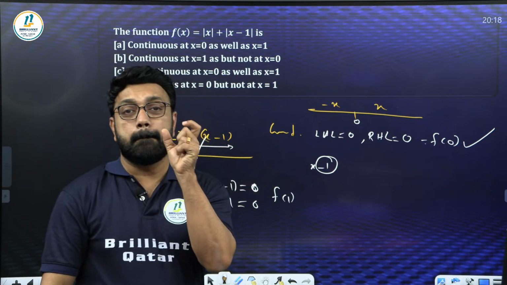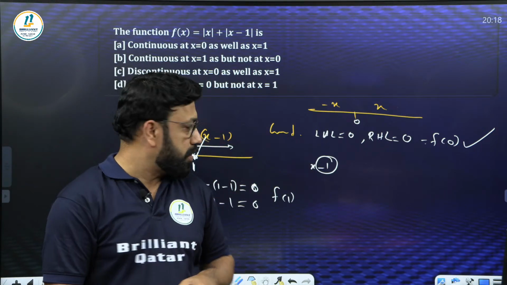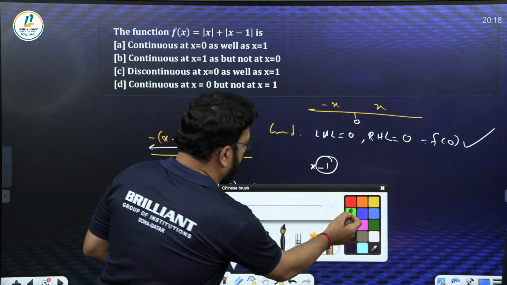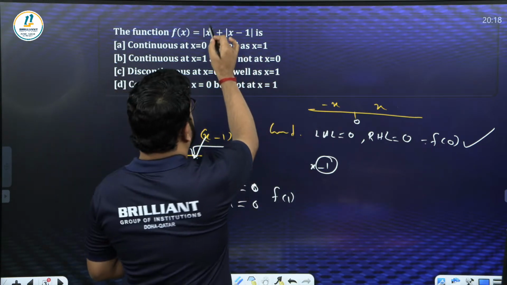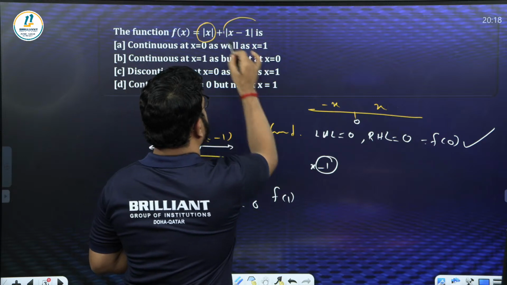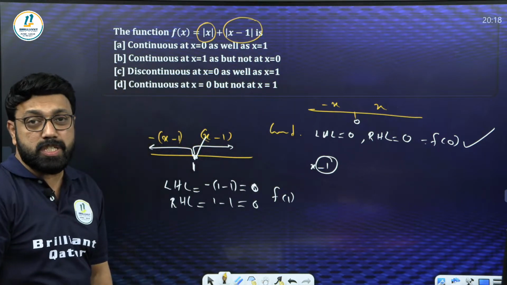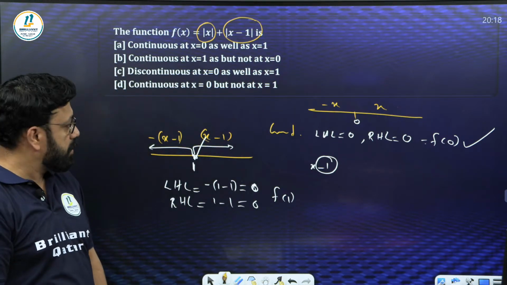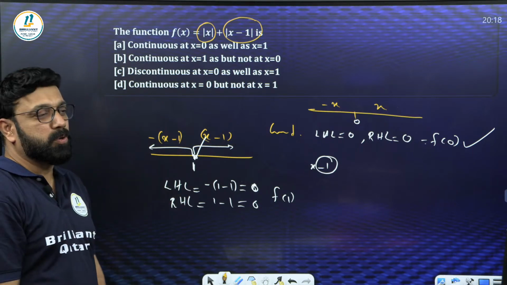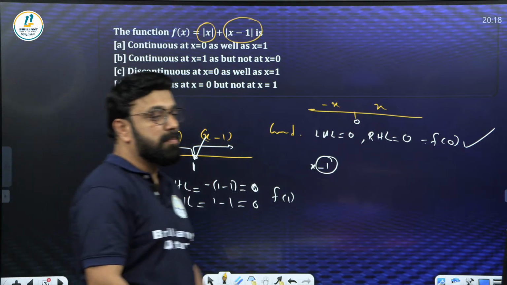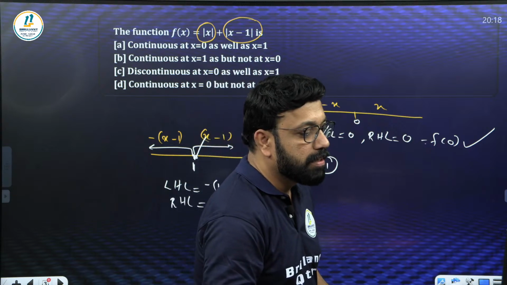All the modulus functions are continuous, I told you. Then both parts, modulus of x and modulus of x minus 1, are continuous. Then we can check whether the sum is continuous or not. Yes, some rules are there.